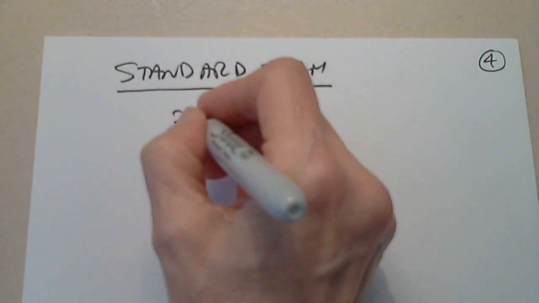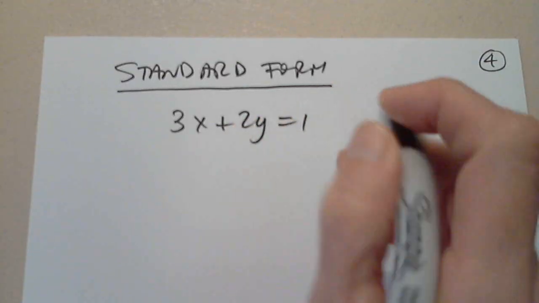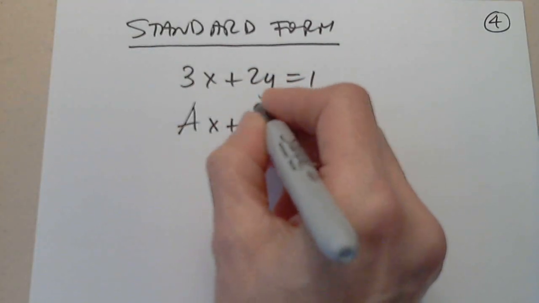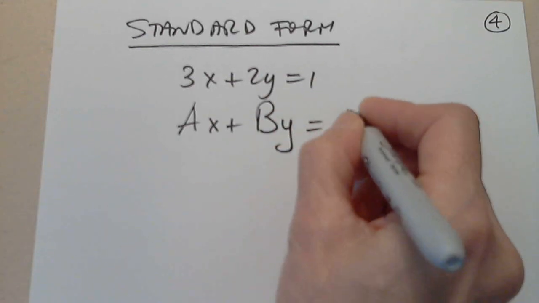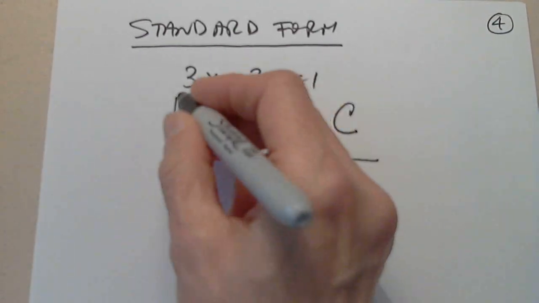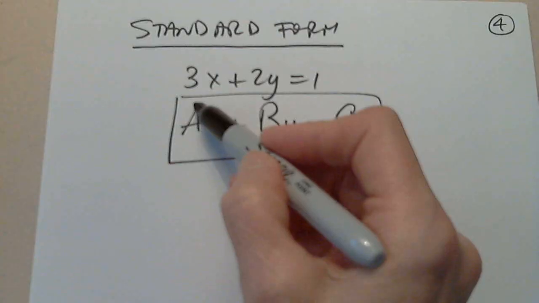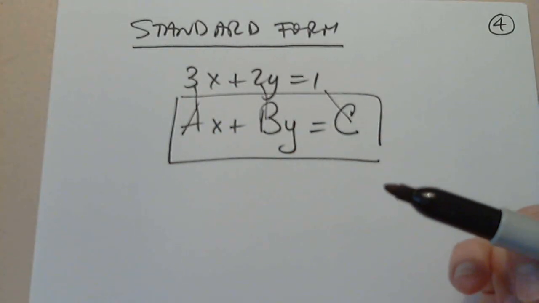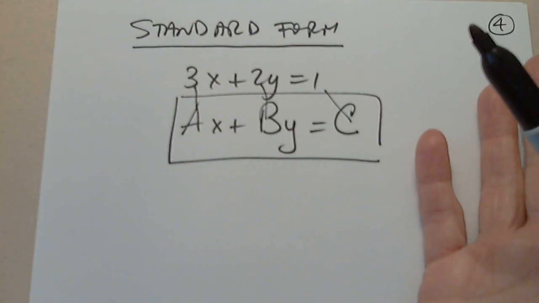It's not useful because we cannot read anything from it. So the example that I had, 3x plus 2y equals 1. What is the standard form? A number times x plus a number times y equals a number. Yeah, a is 3, b is positive 2, c is positive 1. That's a standard form.